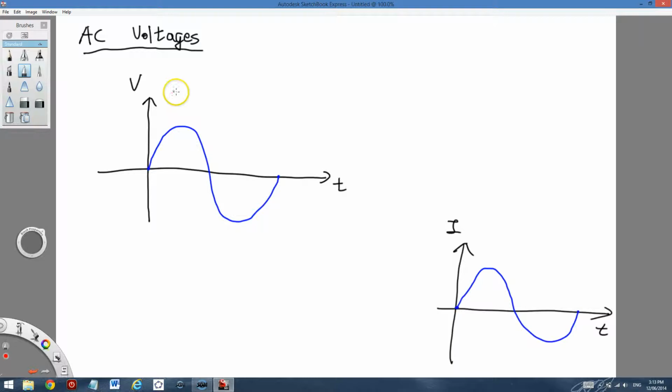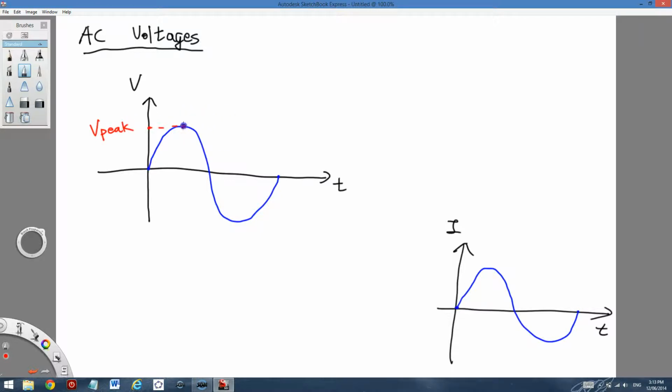But in AC current, since the voltage is changing, it has a maximum and a minimum. We call the maximum voltage the peak voltage. It's labeled V peak.